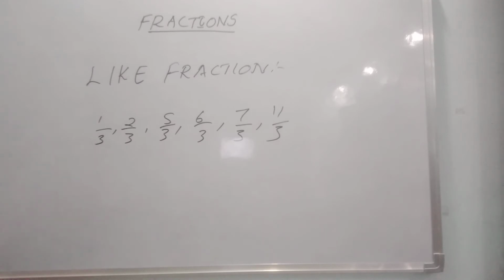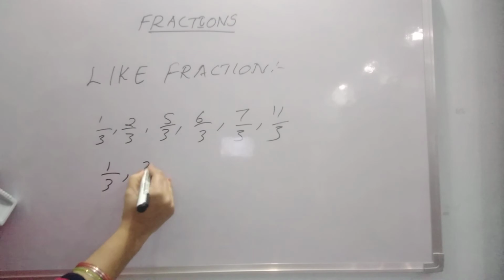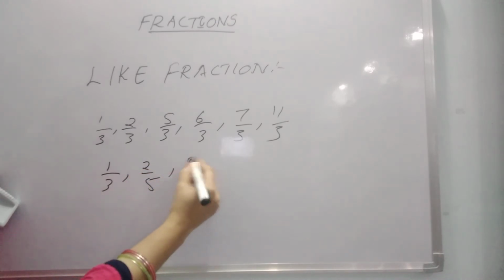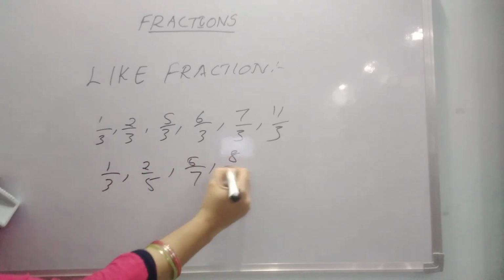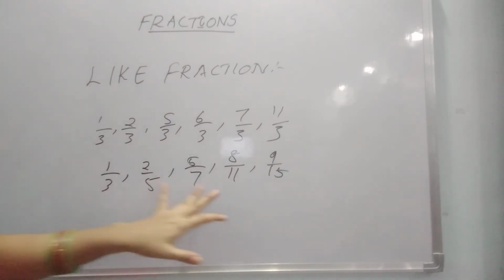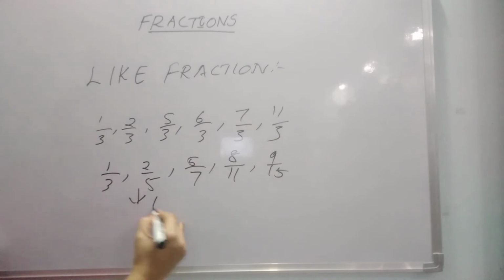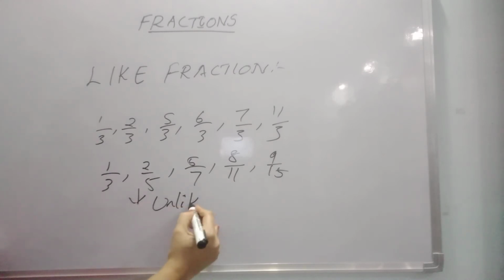As we see, these can be compared easily. Now fractions where the denominators are not the same, that means 1 by 3, 2 by 5, 5 by 7, 8 by 11, 9 by 15. Are the denominators the same? No. These types of fractions are unlike fractions.